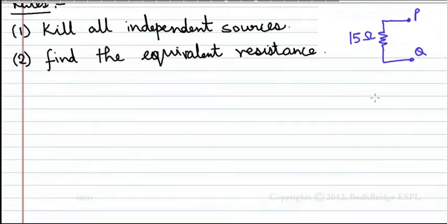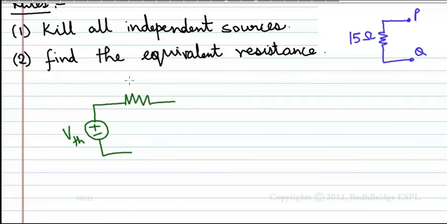Therefore, what did we finally achieve? Some VThevenin. I don't know how much VThevenin is. I did not calculate VThevenin here. I calculated RThevenin to be 15 ohm between PQ. And this is RL.